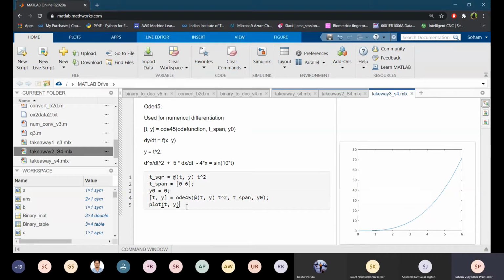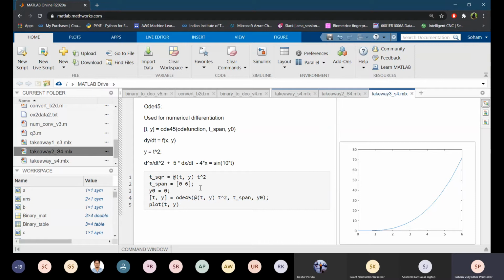So now let's get to ODE45, this one. So how do I explain this? d2x by dt square. Note that this is ODE45 and it needs a specific form of the function.